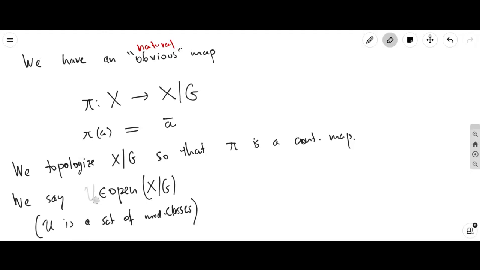So rather complicated. So we say that U, so a set of mod classes, is open if and only if, so that's the way we define what it means to be open, if and only if when you pull it back to X, that becomes open in X. And this makes sense because X is a topological space, so we know what it means to be open in a topological space. So that's how we topologize the quotient.